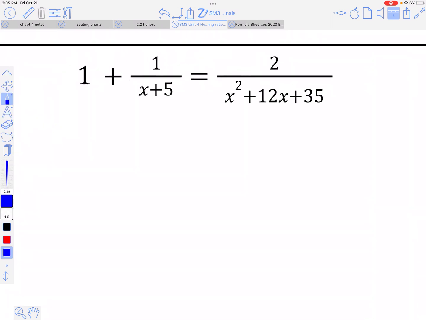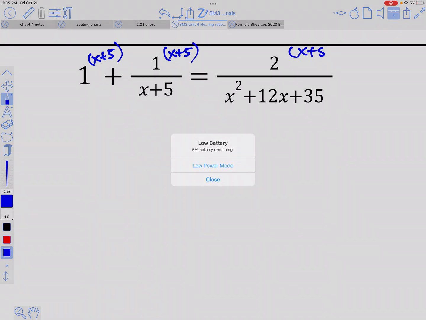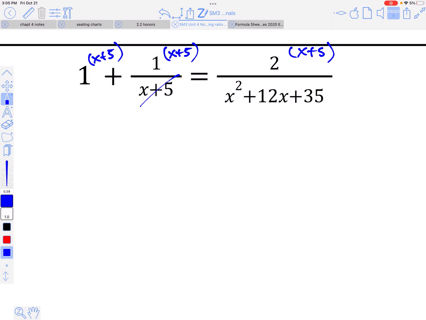All right, so same thing. We got to clear out the denominators, so I'm going to multiply everything by x plus 5. And that'll cancel this guy out. And then nothing cancels out on the far left, but then if we look to the right, I'm going to factor this to see what's going on, kind of what's behind the scenes, right?